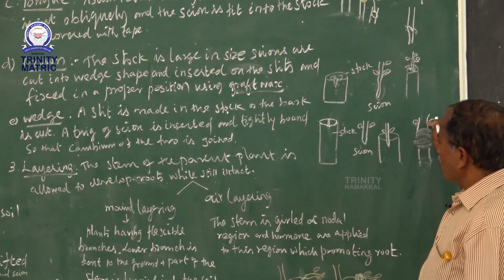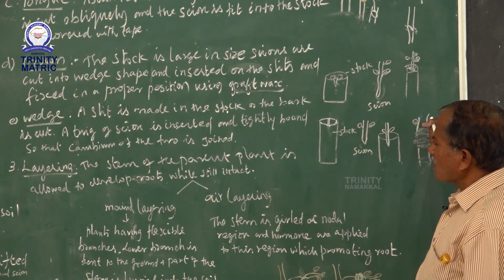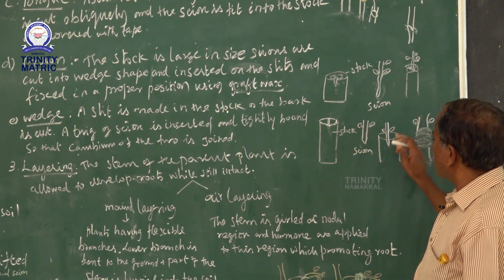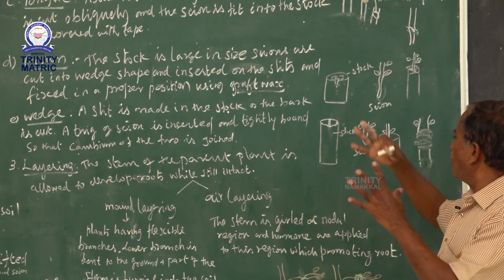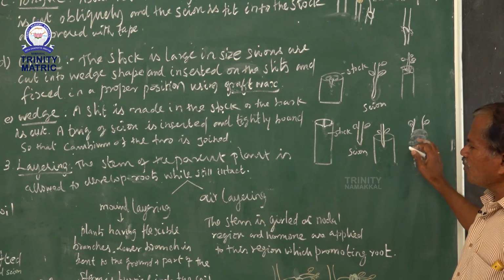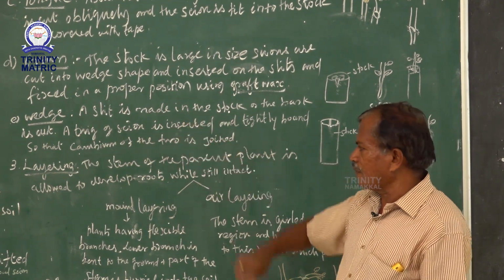When the cambium is fixed to the stalk and scion, both the stalk cambium and scion cambium are joined together and then develop into a new plant. So this type of technique is called wedge grafting.